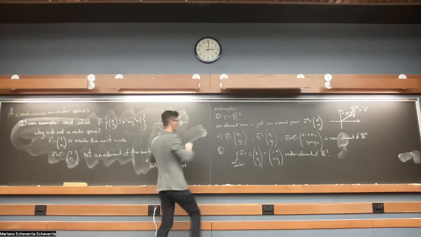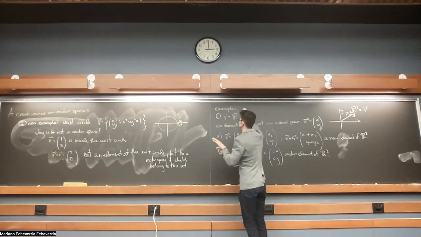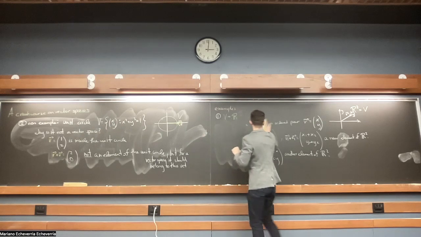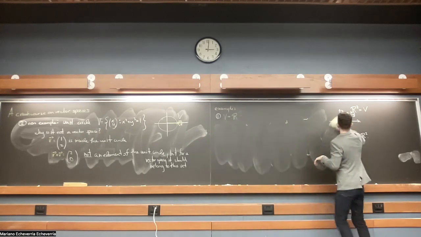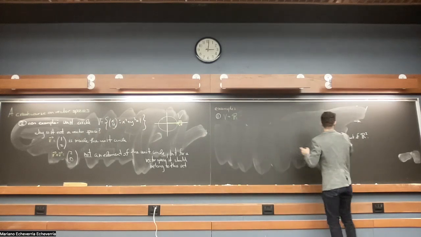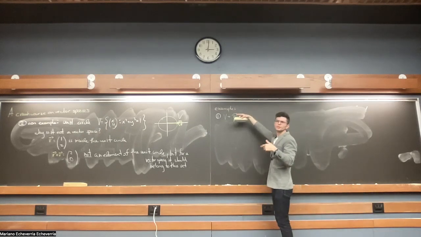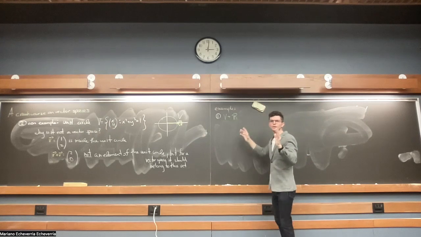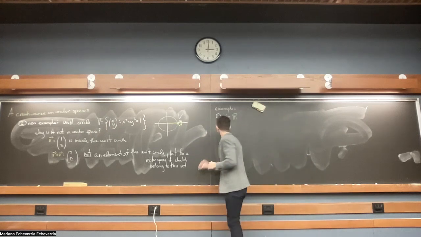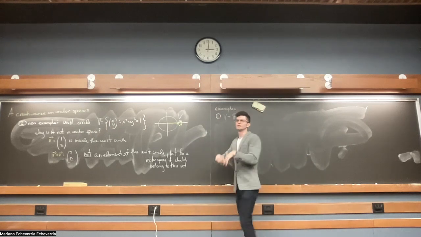So, it's useful to bring it up explicitly: instead of R2, you could put R3. What do I mean by R3? It would just now be triples, right?